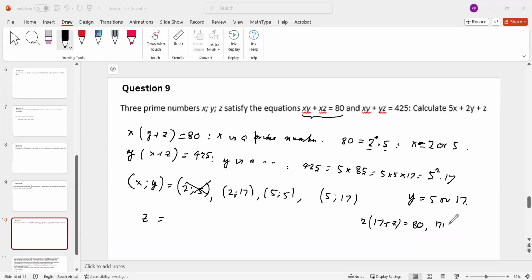So 17 plus z is 40, and z is 23. This is fine. Z is 23, you're allowed. Therefore, x, y, z will be 2, 17, and 23. That's a possibility.